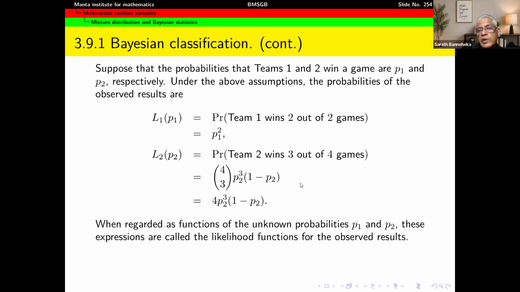But we will look at those values and follow the method, according to the definition we discussed: the team with a higher probability of winning will be taken as the better team.